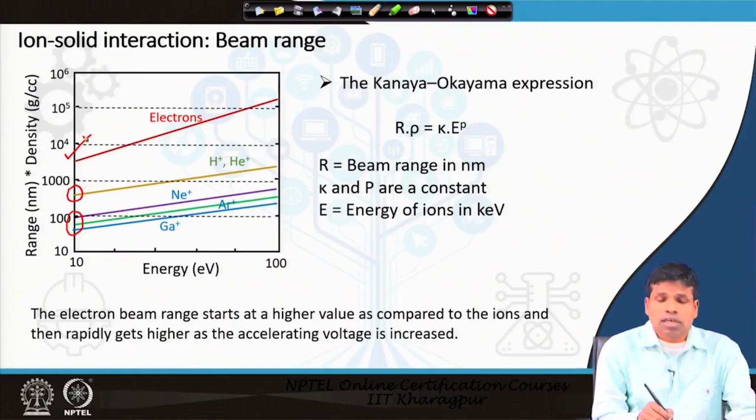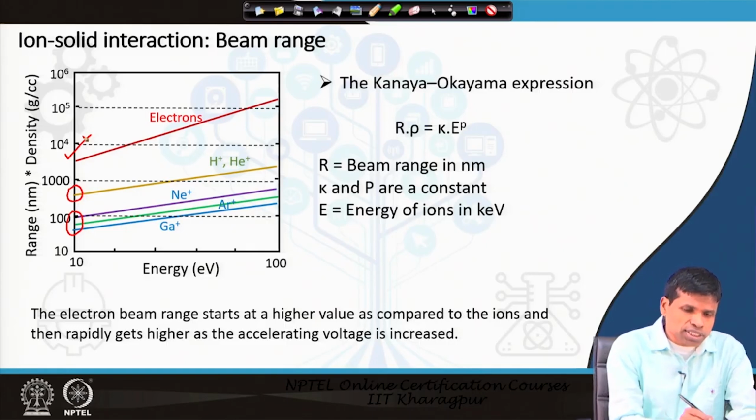As it can penetrate much deeper into the specimen, it can interact with more atoms in the specimen, and therefore signals will be generated from a larger volume of the specimen. As signals are generated from a larger volume, certainly the resolution will be deteriorated.